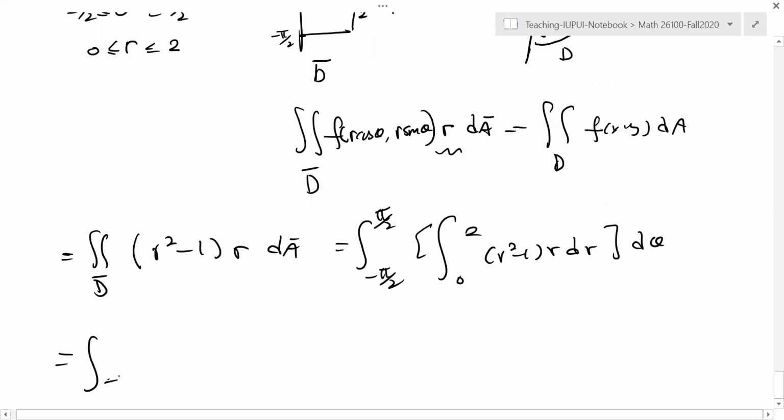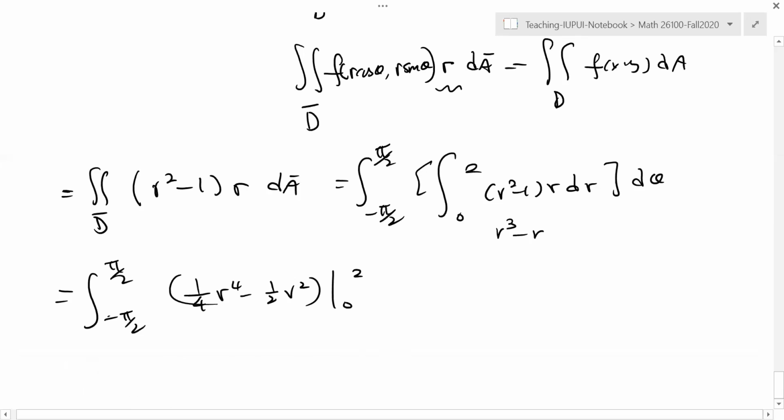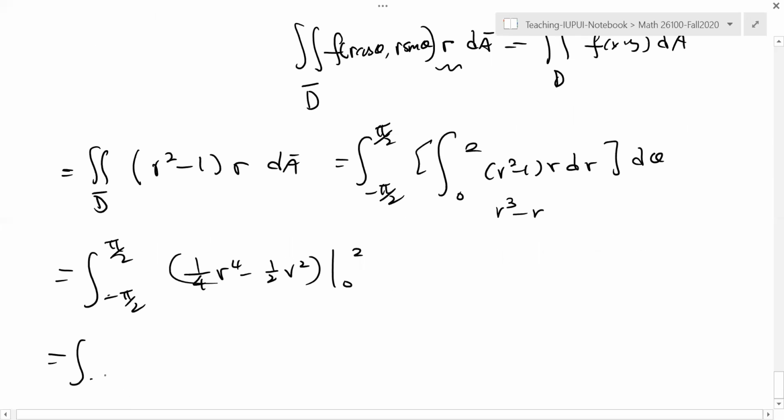So you get from 0 to 2, and this will be r cubed minus r, right? And then the antiderivative is a quarter of r to the fourth, minus half of r squared, and evaluate. Then you get a constant here, right? A quarter of 2 to the fourth power, minus half of 2 squared, d theta.